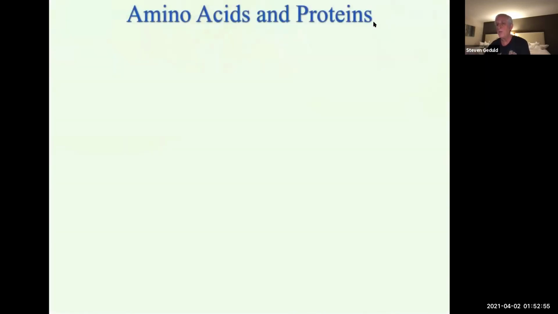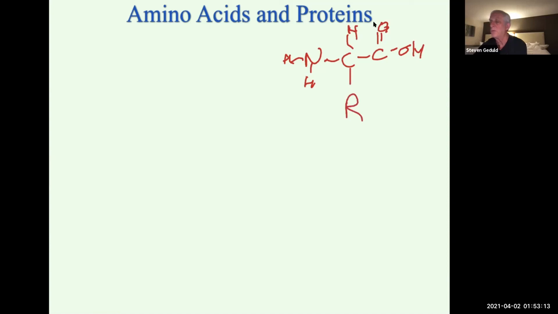So amino acids have the basic structure NH2. Let me just draw it here and we'll get into this a little more. There's a hydrogen here, and this is your R group. So there's your amino acid. Again, this is your carbonyl carbon. This is your alpha carbon. That is where the R groups differ.